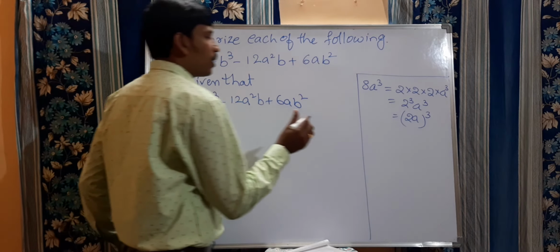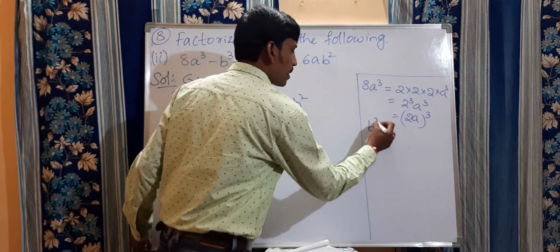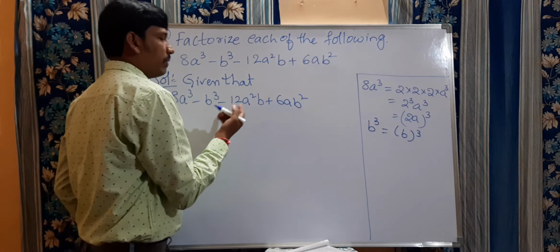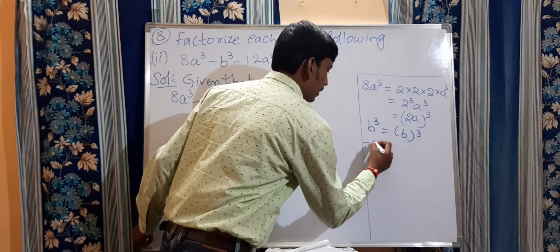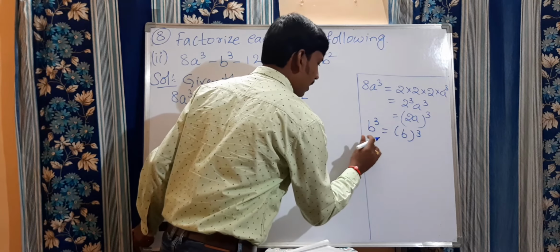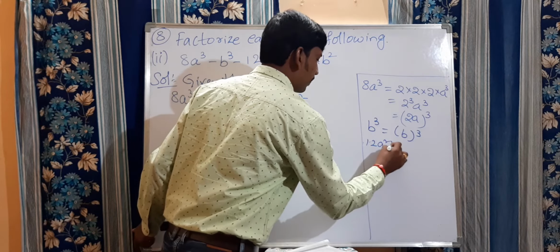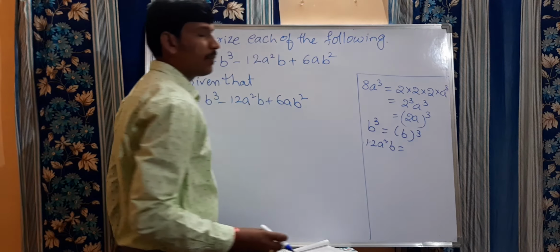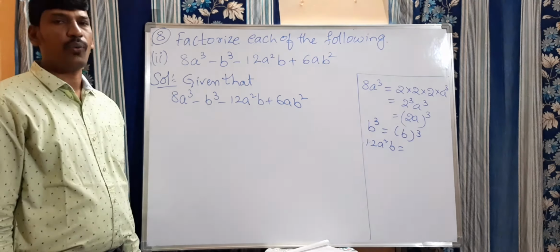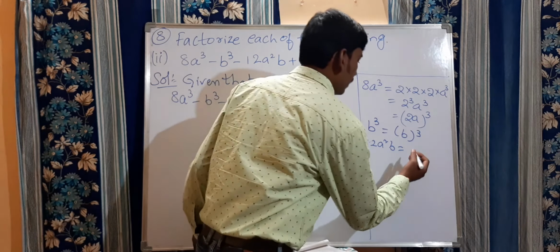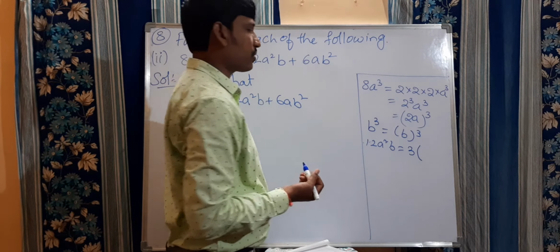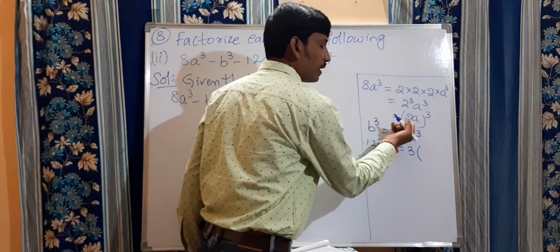Now b cube is b cube only. We cannot change it here. That is b whole cube. And this term we are going to change. That is 12a square b. How to write 12a square b? Because we will get the 3x square y term, 3 into x square y. So what is x here? x is nothing but 2a.